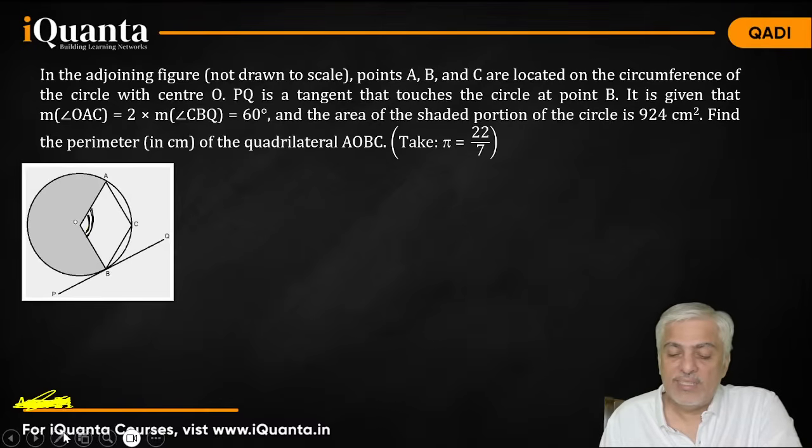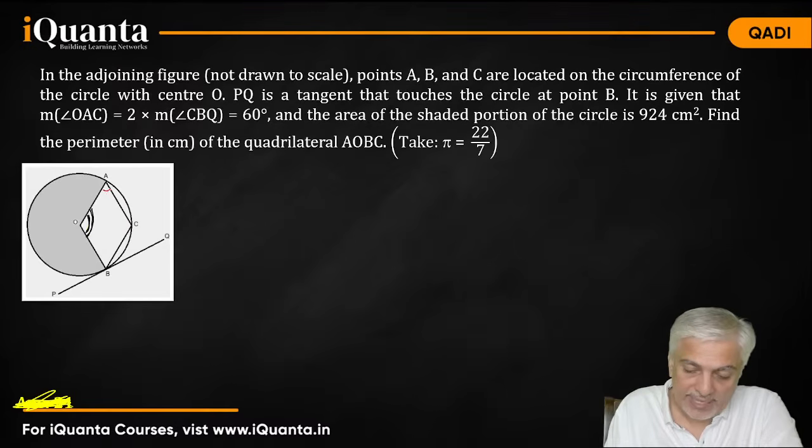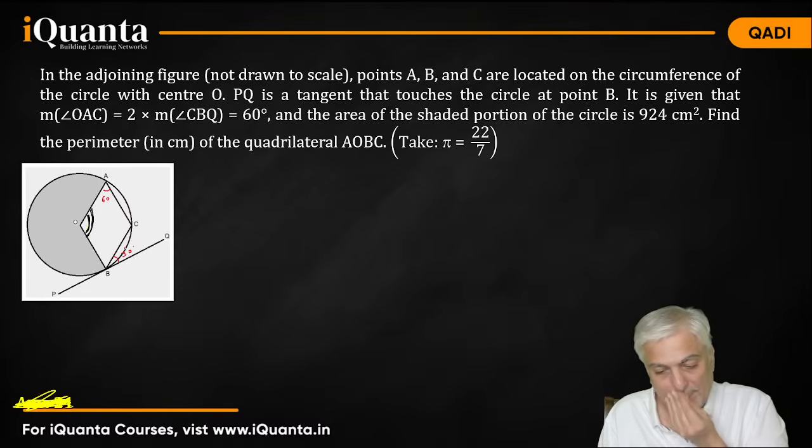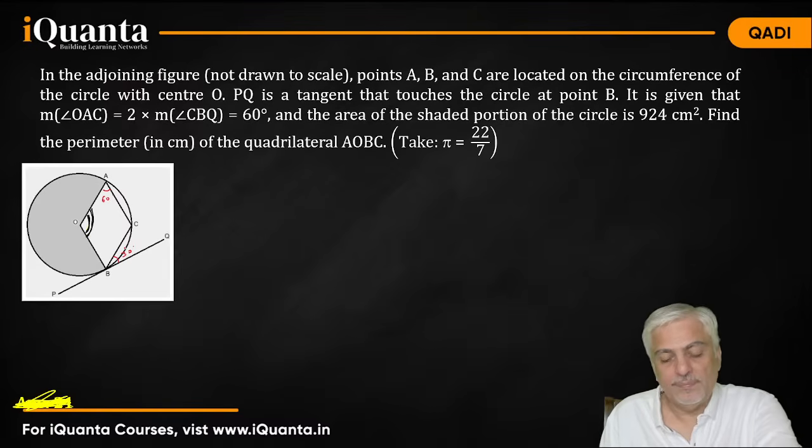It is given that angle OAC is 60 degrees, that is, this angle is 60 degrees. And they have also said it is double of angle CBQ. So angle CBQ is 30 degrees. Now, pay attention everybody to how I did this.